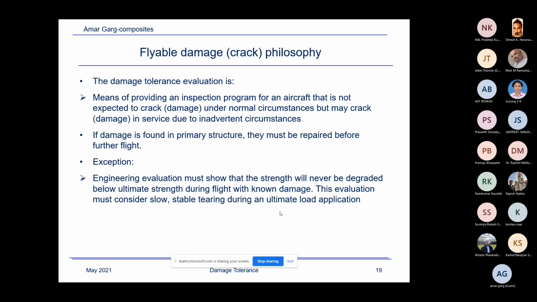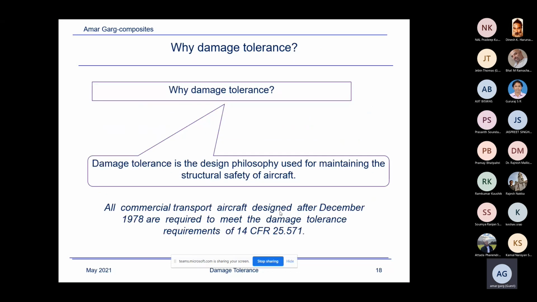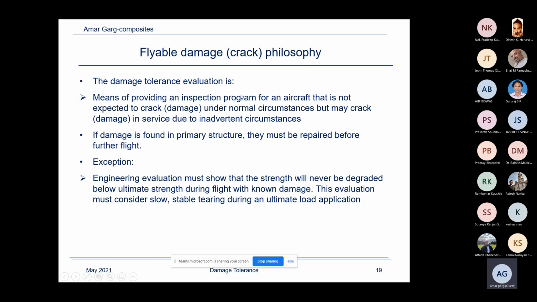Now, I showed, of course, in my certification, why damage tolerance. Damage tolerance is a design philosophy used in maintaining the structural safety of the aircraft. The flyable damage or crack philosophy: the damage tolerance evaluation is a means of providing an inspection program for an aircraft that is not expected to crack or be damaged under normal circumstances, but may crack in service due to inadvertent circumstances.